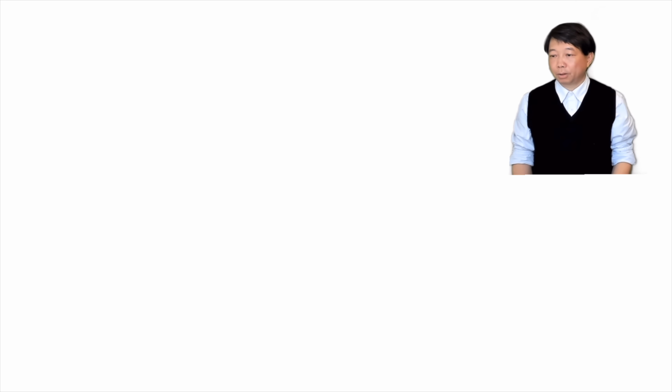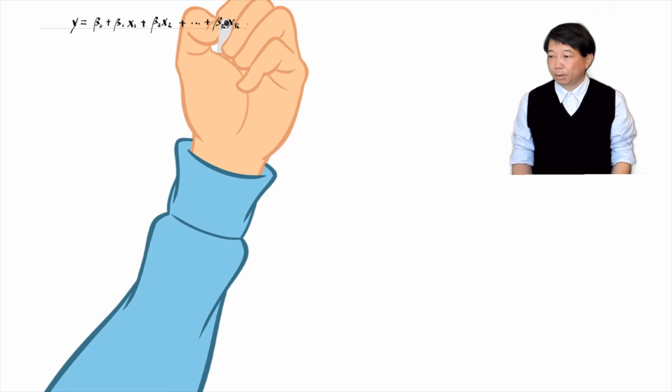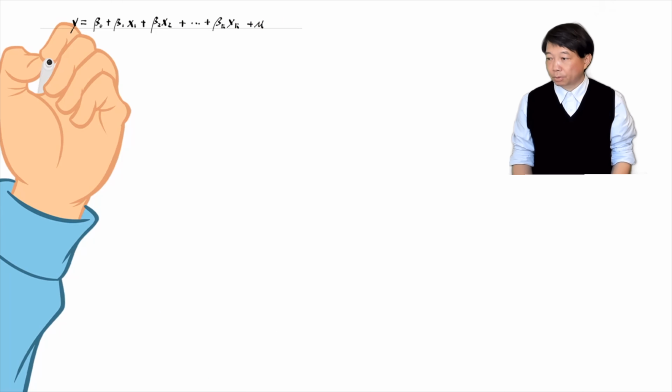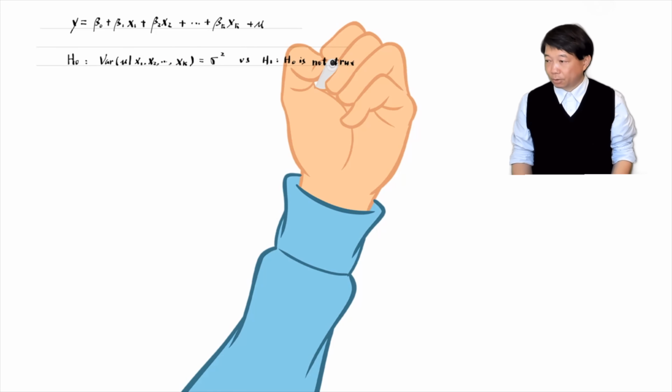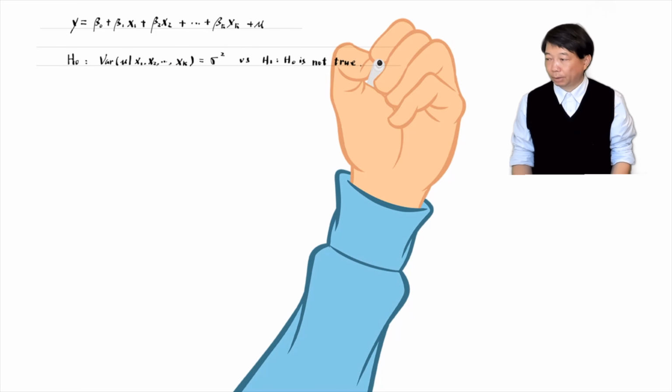In mathematical terms, for a multiple linear model, the null hypothesis of the BP test is the homoskedasticity assumption, that is, the error variance is constant, while the alternative hypothesis is a violation of the homoskedasticity assumption.